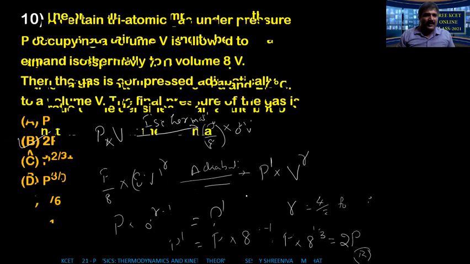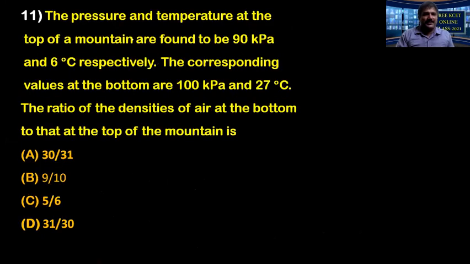Now question 11. The pressure and temperature at the top of a mountain are found to be 90 kilopascal and 6 degrees Celsius respectively. The corresponding values at the bottom are 100 kilopascal and 27 degrees Celsius. The ratio of the densities of air at the bottom to that at the top of the mountain is? So we have to get the ratio of densities of air at the bottom and at the top.